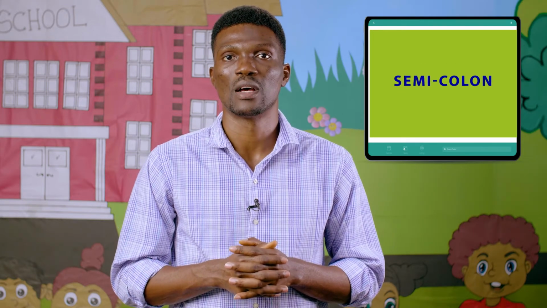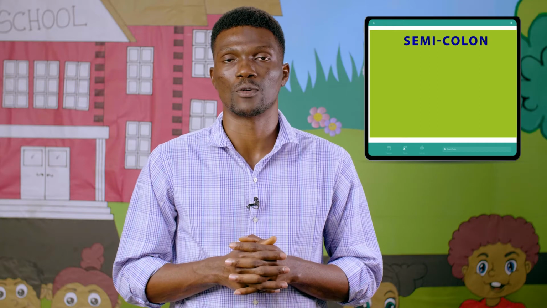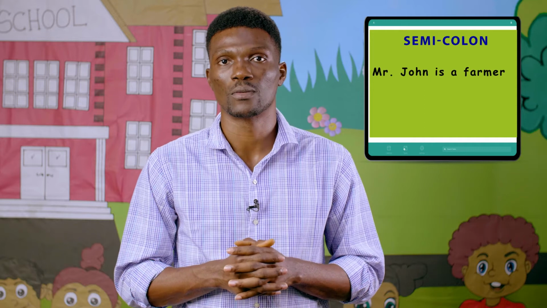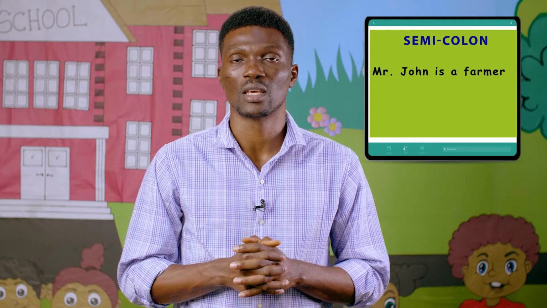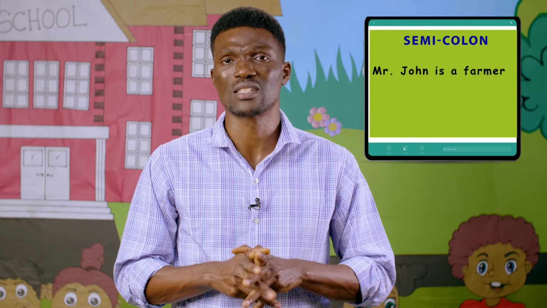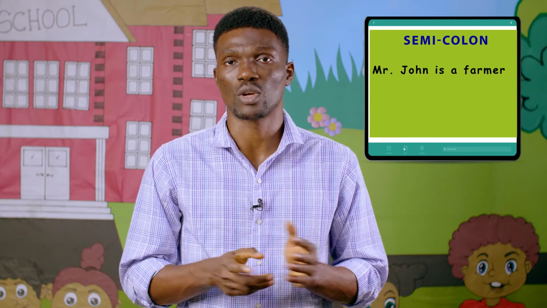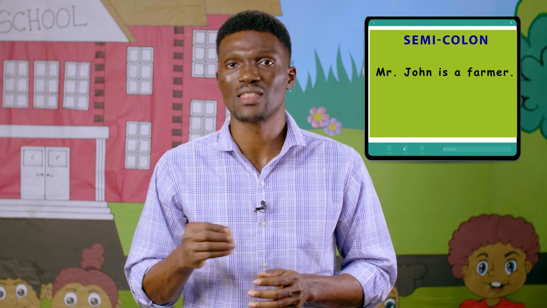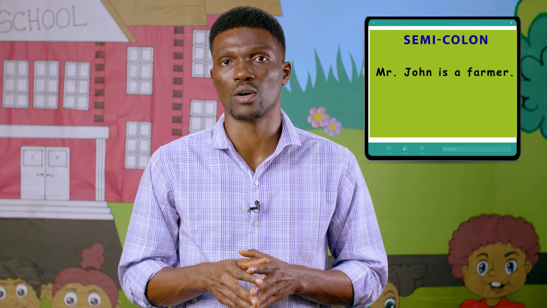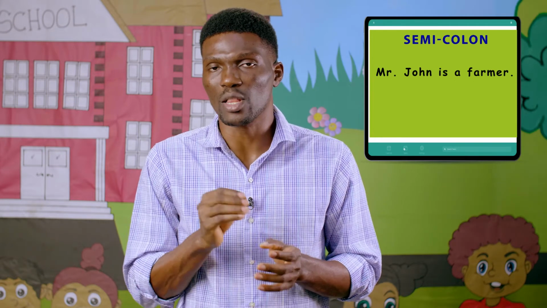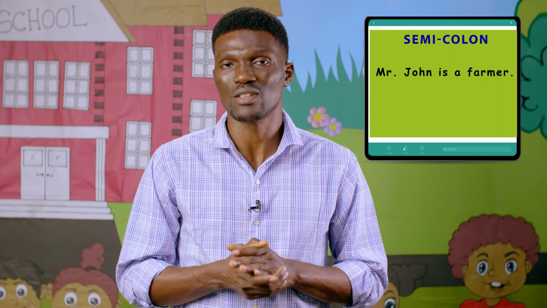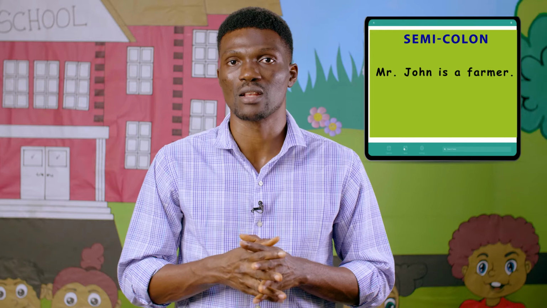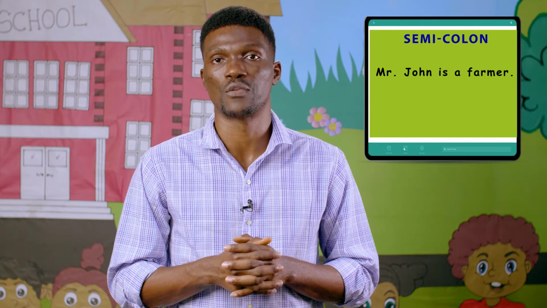So let's have an example. For example, Mr. John is a farmer. If you want to end that sentence right there, you can end it with a period, a full stop, and that's fine. But if you want to write another main clause that is similar to what you just wrote, then you have to place a semicolon after that sentence. So we started by saying, Mr. John is a farmer.